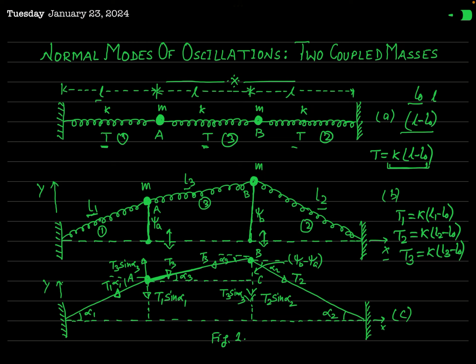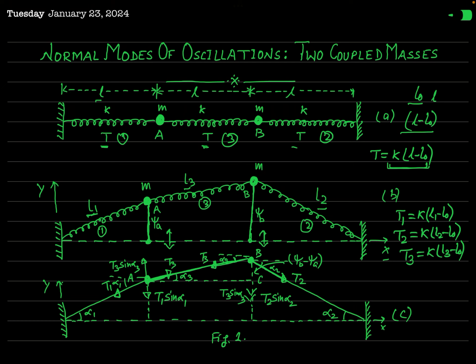Similarly, the tension force developed in the spring acting on mass B due to the tension developed in the second spring T2 acts in this direction, as you can see. I have marked it by this arrowhead. And we also experience force T3 in this direction, which I am showing here, due to the spring number 3.